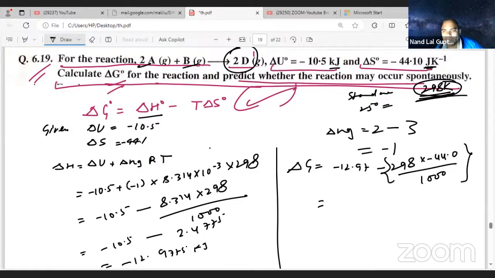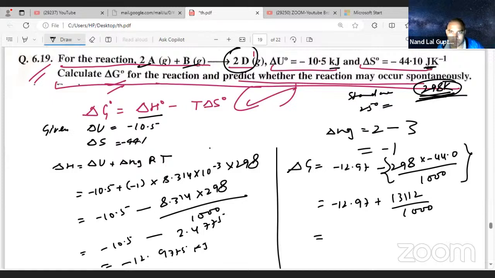So here it will be minus into minus, that is going to be plus 12.97. This will be plus. So 298 multiplied by 44 is coming 13112, divided by 1000.